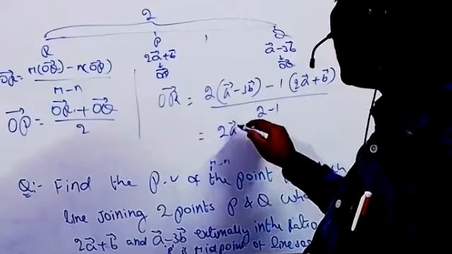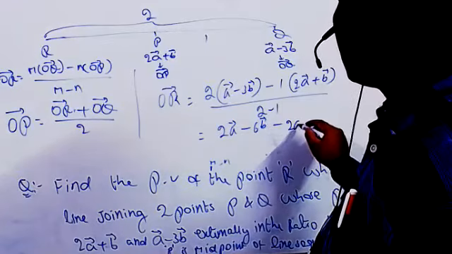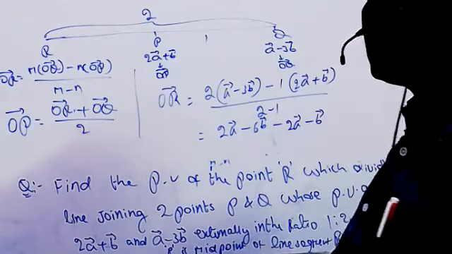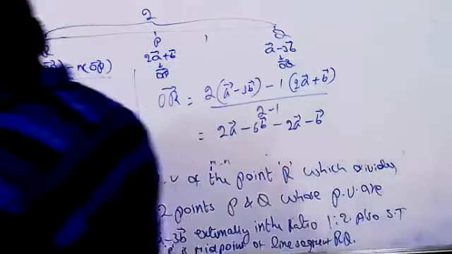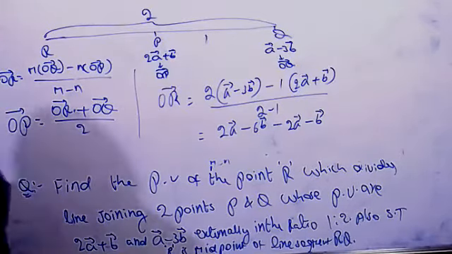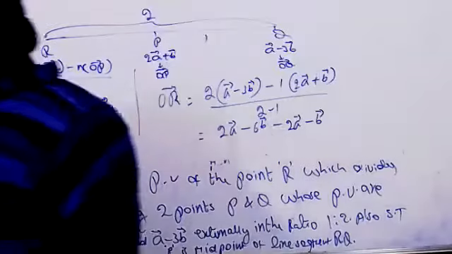This is 2A minus 6B minus 2A minus B. And what about the first one, is it 2A only?